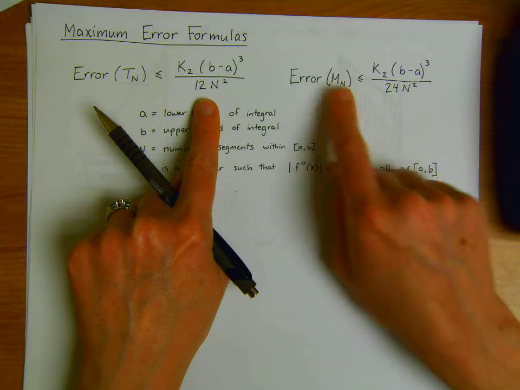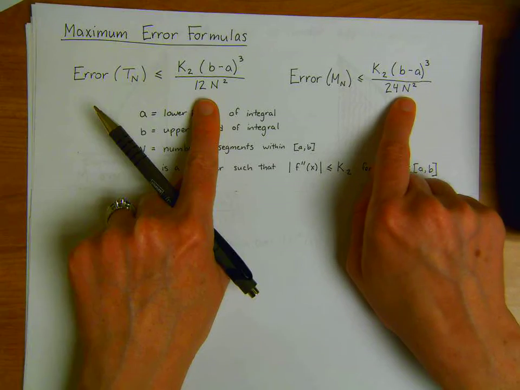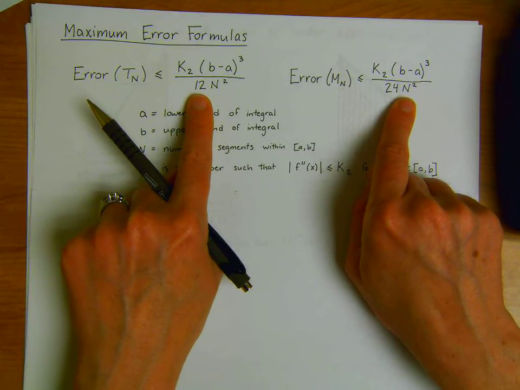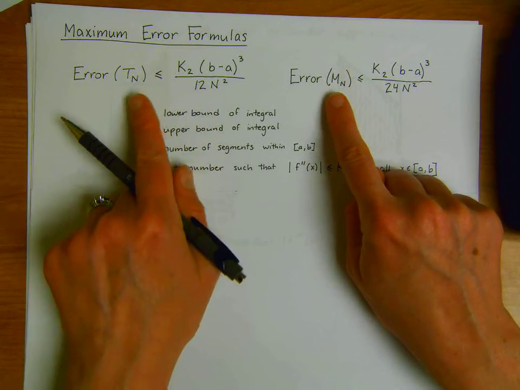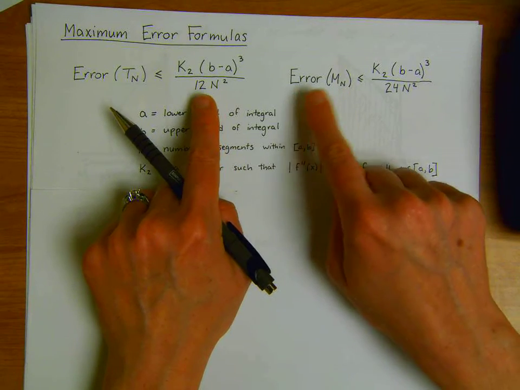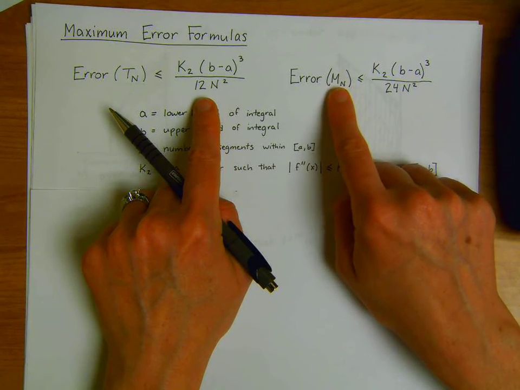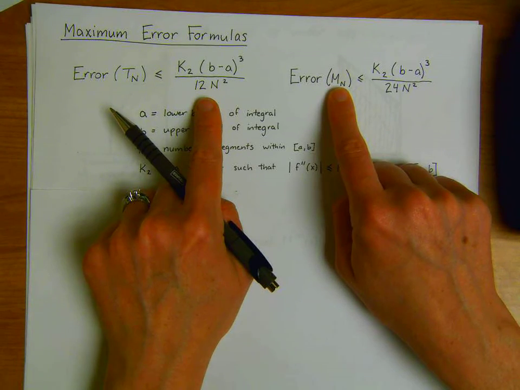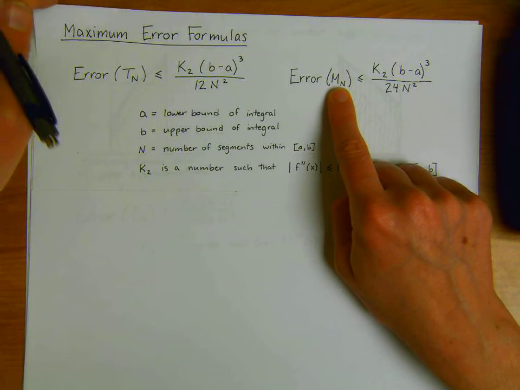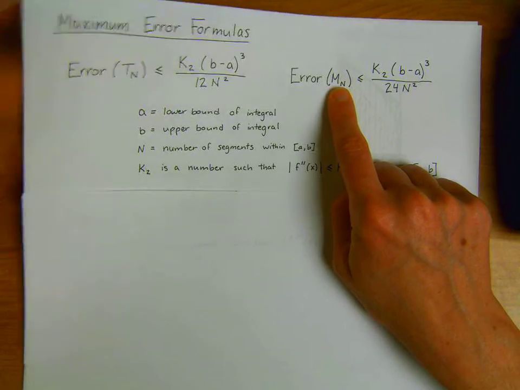The approximation of my midpoint rule is going to be twice as good as the approximation of my trapezoid rule. So if I were to do an average, it would be nice to do a weighted average, one that took into account the midpoint rule being weighted twice as heavily as the trapezoid rule. And that's exactly what Simpson's Rule does.